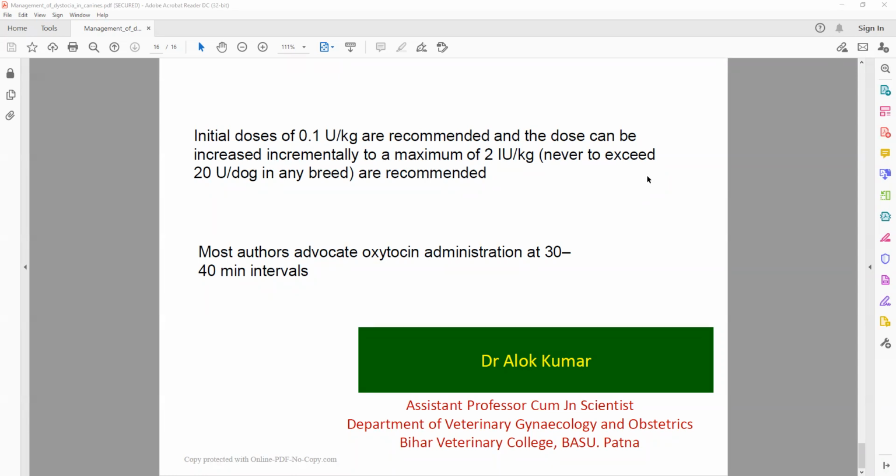Calcium is a kind of rate limiting factor, so if calcium deficiency is there, then whatever stimulus you provide, even oxytocin, it won't work because calcium levels are below the critical needed level. Now along with that you can give multivitamins, especially vitamin B complex.